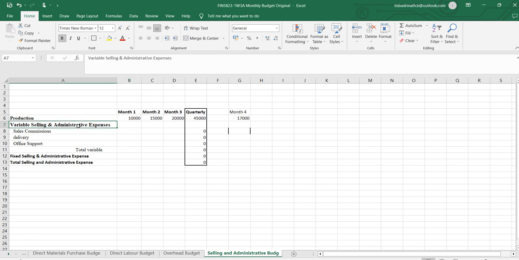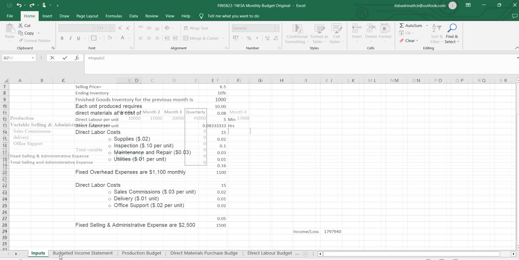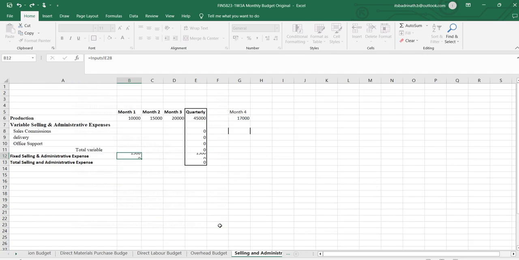Now we are supposed to calculate variable selling. For selling purposes, whatever products we manufacture, it also includes variable selling expenses and fixed selling expenses. Let us fix the fixed selling expense first. It is clearly given that fixed selling is 2500.